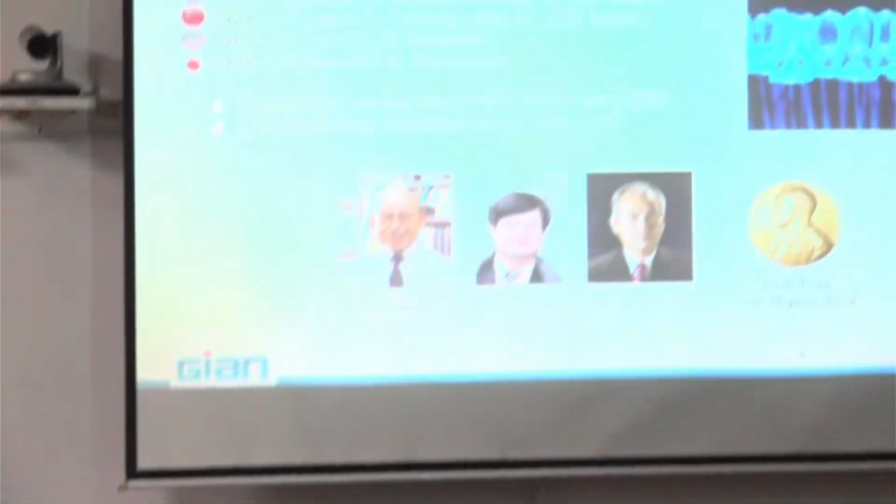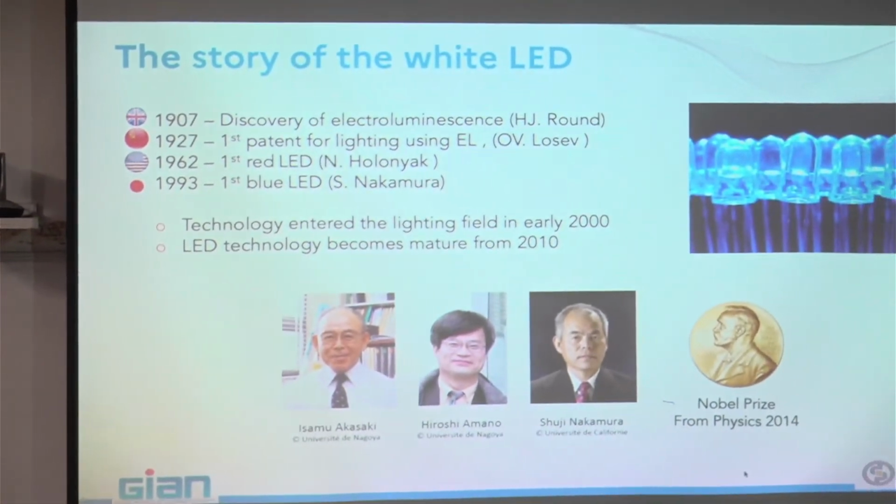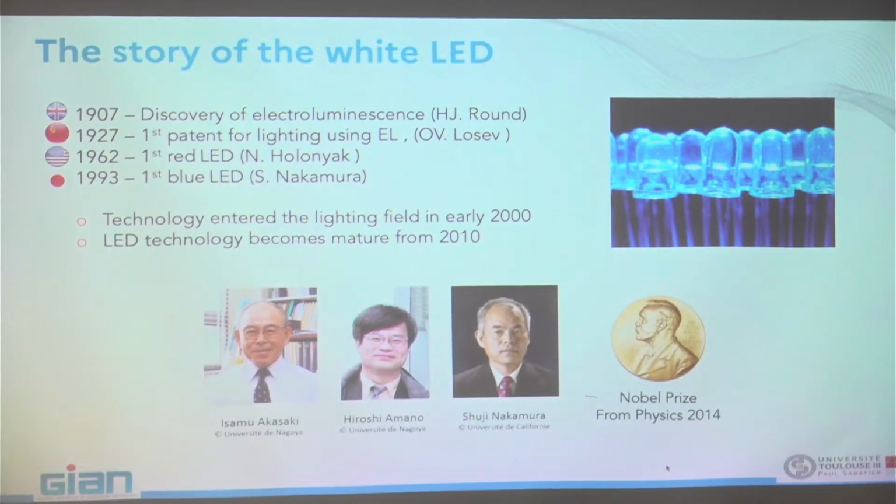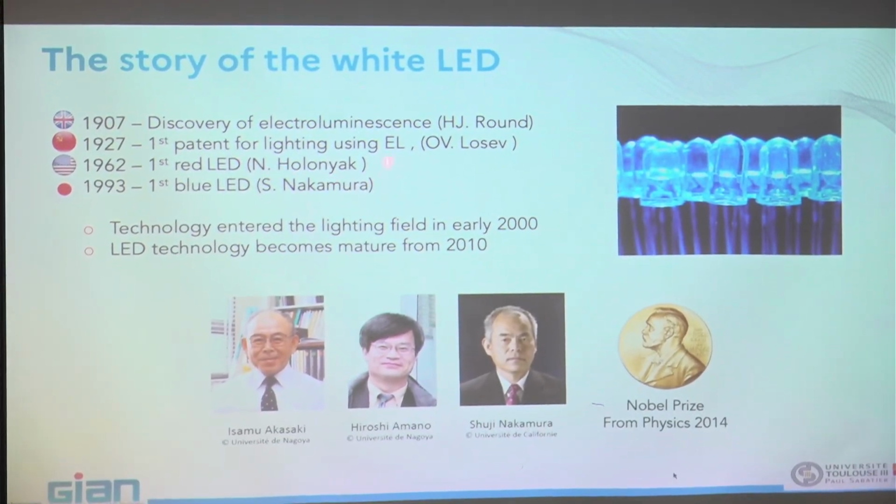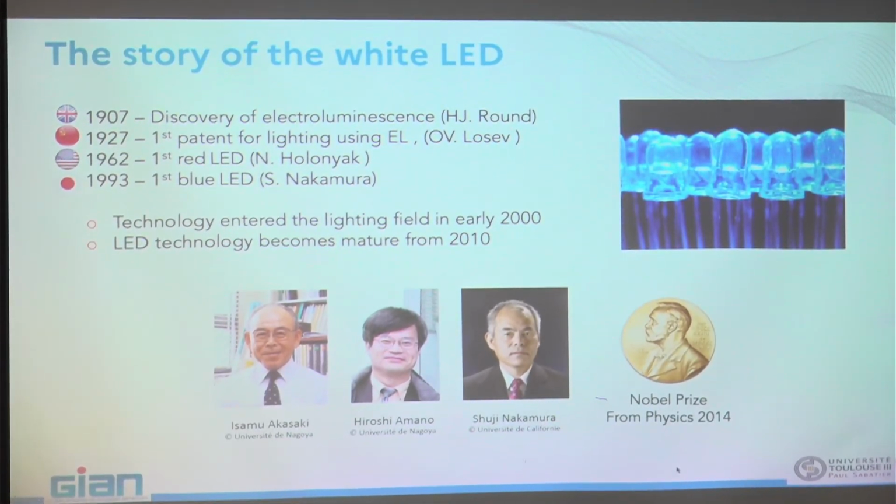He was well ahead of his time, because we had to wait until 1962 to get the first real LED, a red LED, fabricated by Nick Holonyak in the United States.